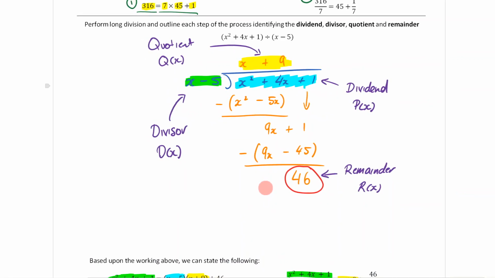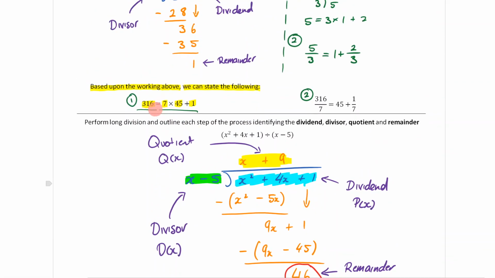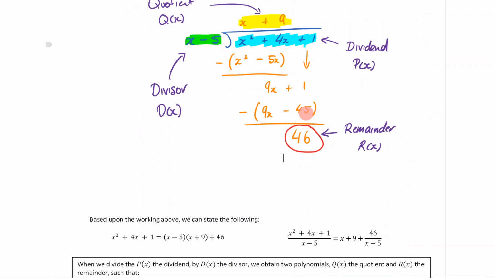All right, now, just as we did before, up here, we wrote down based upon our working, we can state these as being true. We can do the same over here. So let's really talk about this.